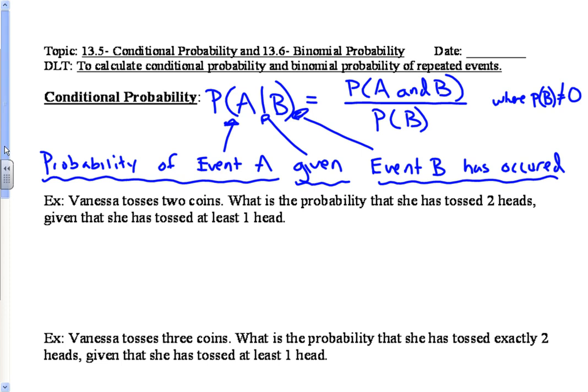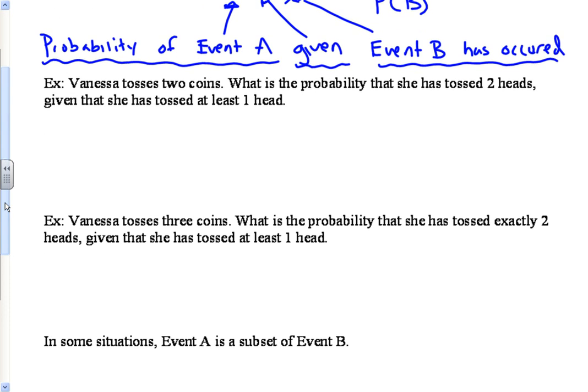So, for example, Vanessa tosses 2 coins. What is the probability that she has tossed 2 heads, given that we know she has tossed 1 heads? Alright, so the probability of tossing 2 heads, that's our A. That's the event that we want to know what happened.